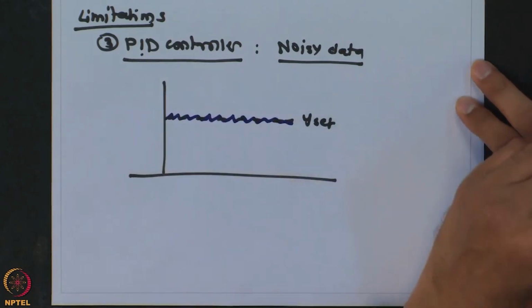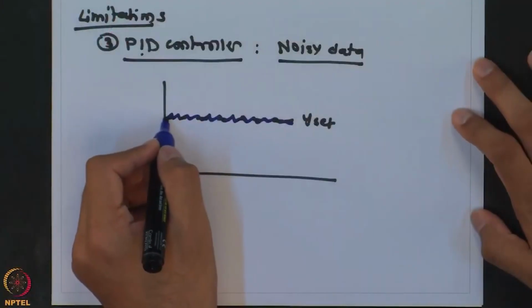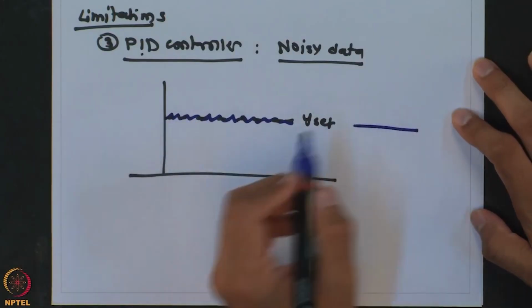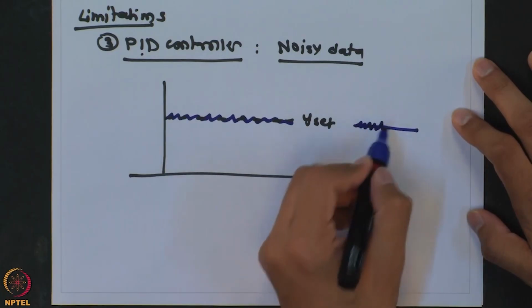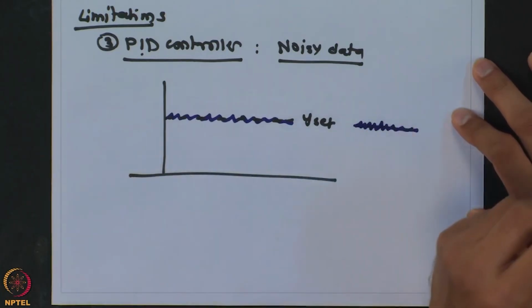It will never be exactly equal to the set point, or it will not exactly remain at the set point, because there are a lot of disturbances in terms of signal transmission, or also some small disturbances which are happening in the plant at a very high rate. So, the actual response may not exactly lie as a flat line, but it will keep on having certain vibrations or oscillations around this set point.